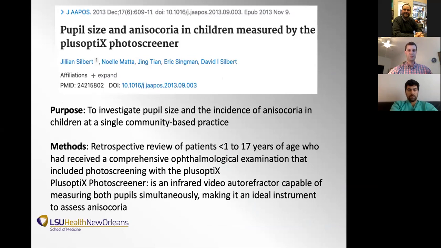They took patients 17 years of age and under who had received a comprehensive exam, including photo screening with Plus Optics. Plus Optics is a photo screener that uses infrared and is capable of measuring both pupils simultaneously, so it makes for a great instrument to measure anisocoria.